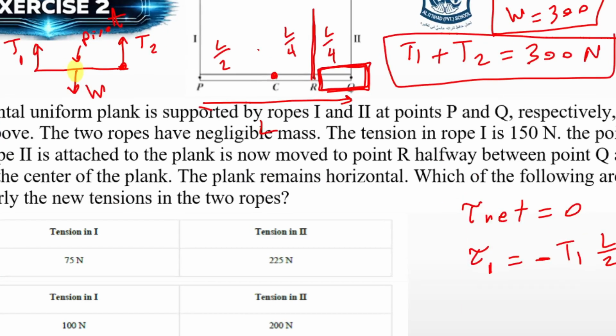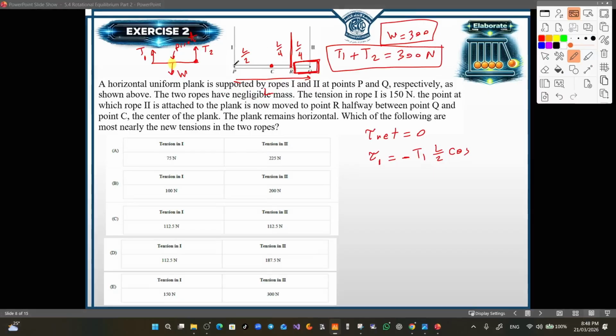This is the tangential direction, and this is the radial direction through the plank and the pivot point. The line of action of the force is perpendicular to the radial direction, so we can eliminate the cosine, because the angle is 0 and the cosine of 0 equals 1.